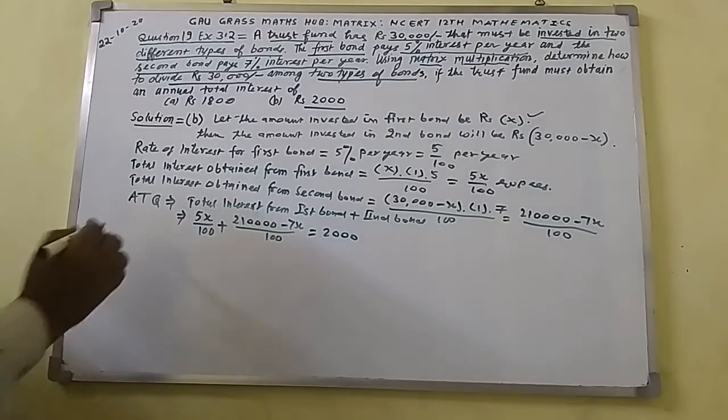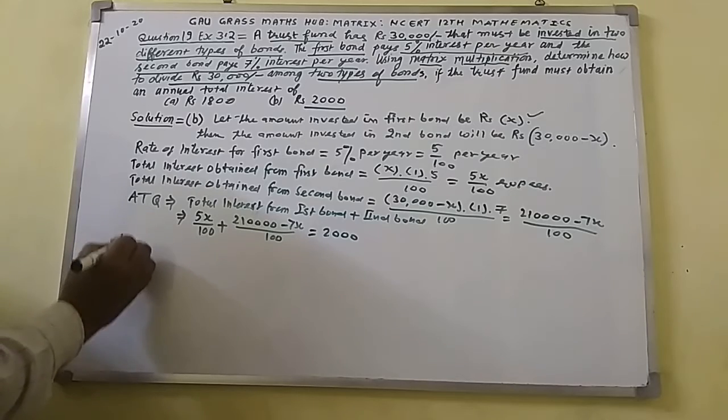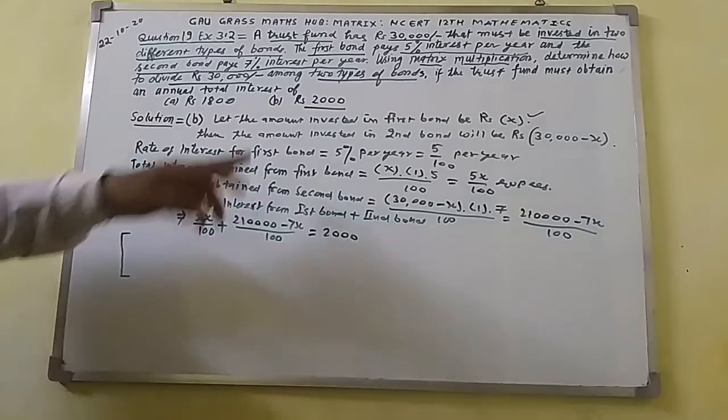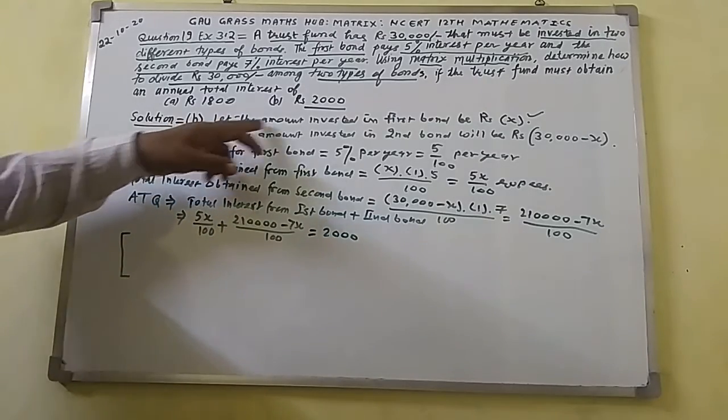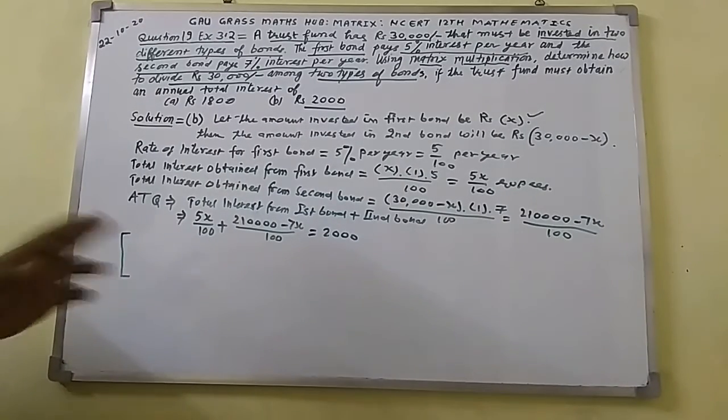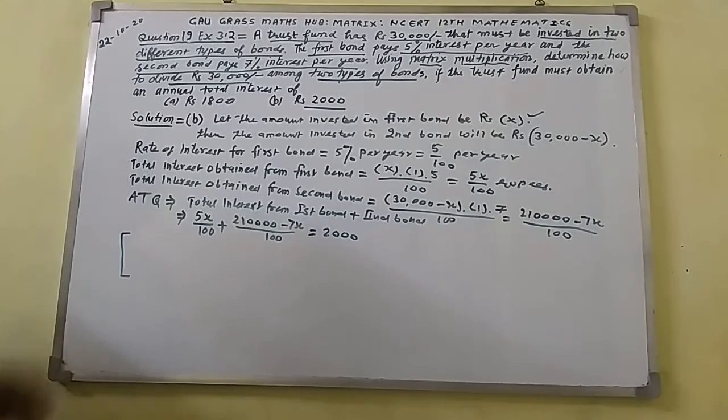First of all, I do the presentation of the matrix form here. Here you can see the amount invested in the first bond is rupees x. The x will be the principal.